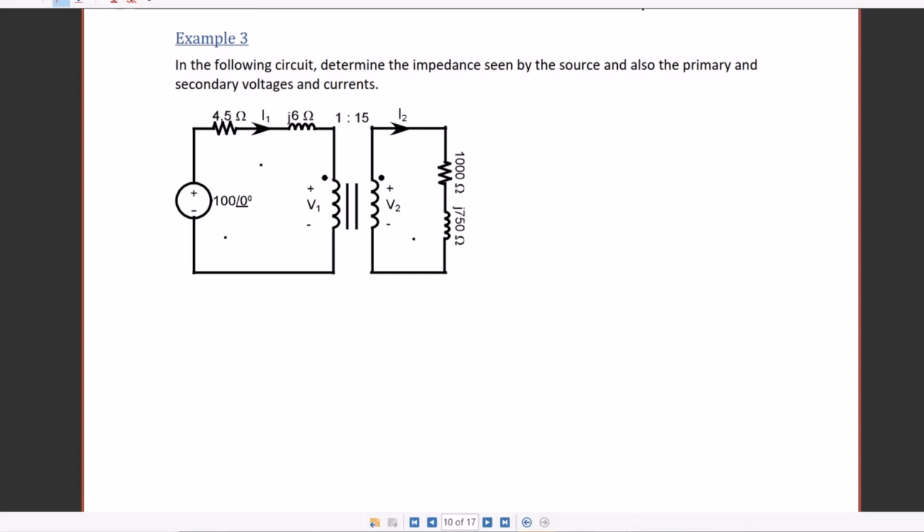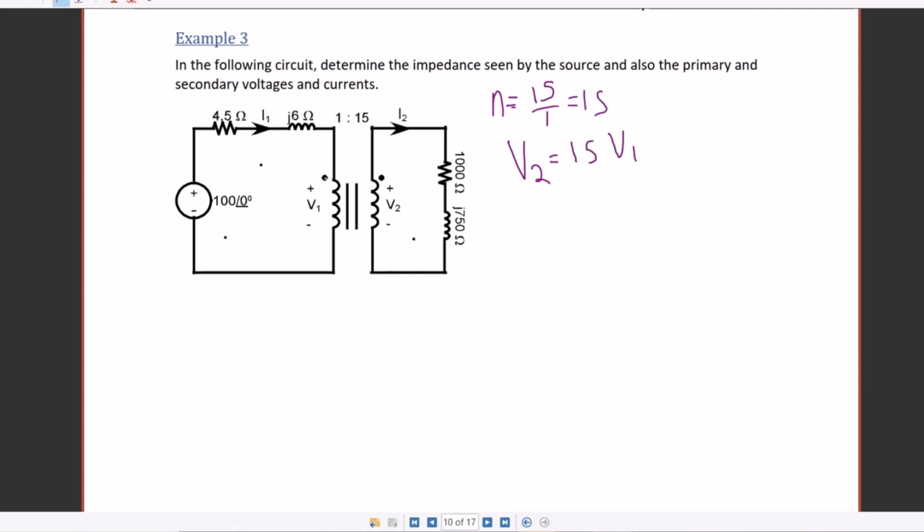So first, we're going to find n. N is the ratio n2 over n1. So for this one, n is 15. So our equations are, since V1 and V2 are positive at their dots, V2 is equal to 15 times V1.